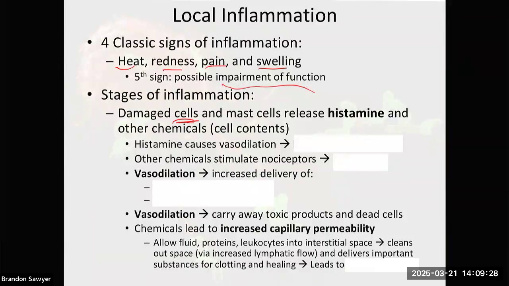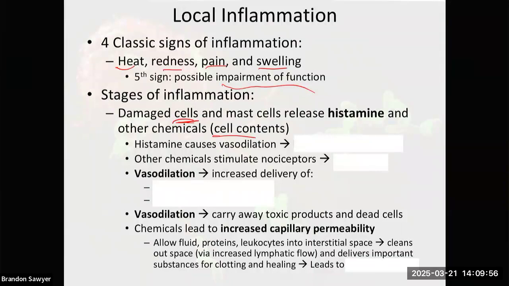And when that happens, all the stuff that's supposed to be inside of cells gets dumped out, and it goes floating around in that interstitial space. We've talked about that already in terms of swelling, that causes swelling. But some chemicals inside of our cells, when they're released out into the interstitial space, they activate the immune system. Okay, so damaged cells are going to release cell contents, and so that's going to activate the immune system.